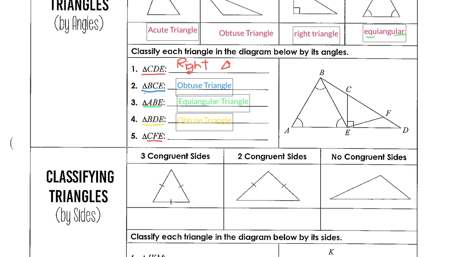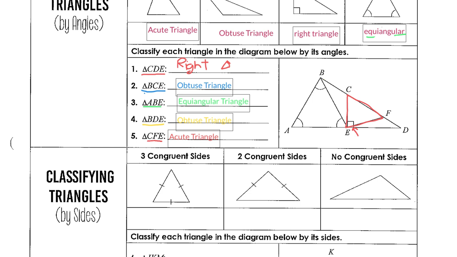So here is point C, and we're going to go to F, and then to E. Well, I'm looking at this, and I know that there's a little bit of that box that got cut off. So that means this angle cannot be 90. And these other ones look pretty small as well. So I'm going to say that all of these are less than 90, which makes this an acute triangle, excuse me. Okay, so there is a classification for every single type of triangle.